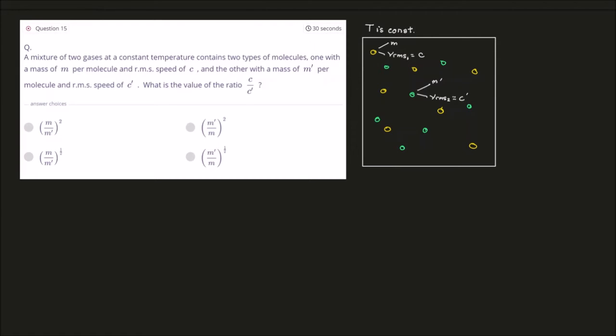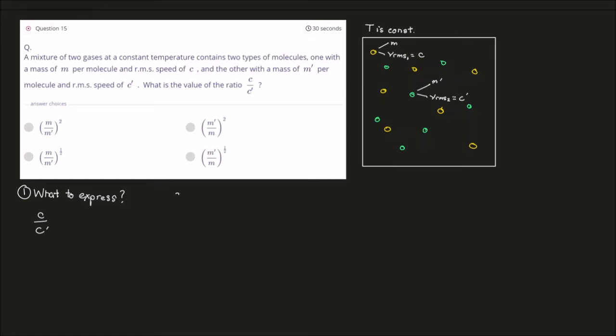Okay, so now they ask for the ratio of c against c prime. So this question is slightly more straightforward. You already know what to express. What to express here is c over c prime. So remember, c is root mean square 1. C prime is root mean square 2. So essentially, you want to relate root mean square to the other stuff that you know.